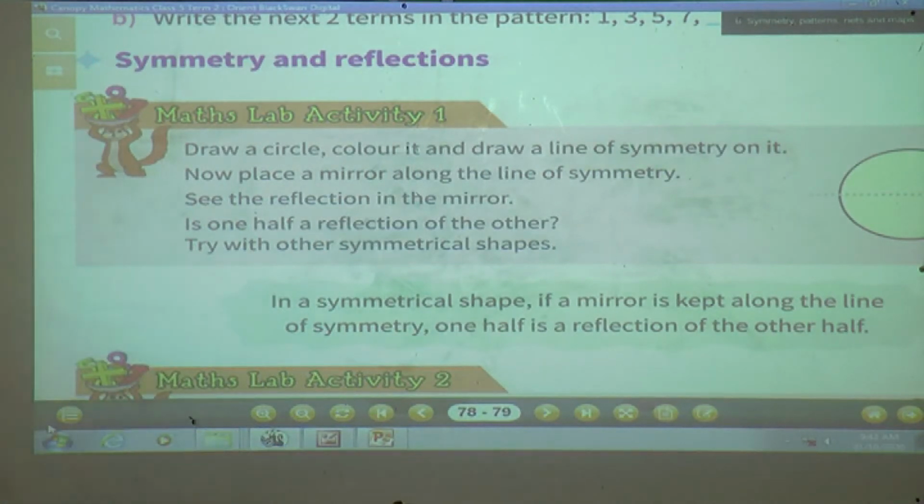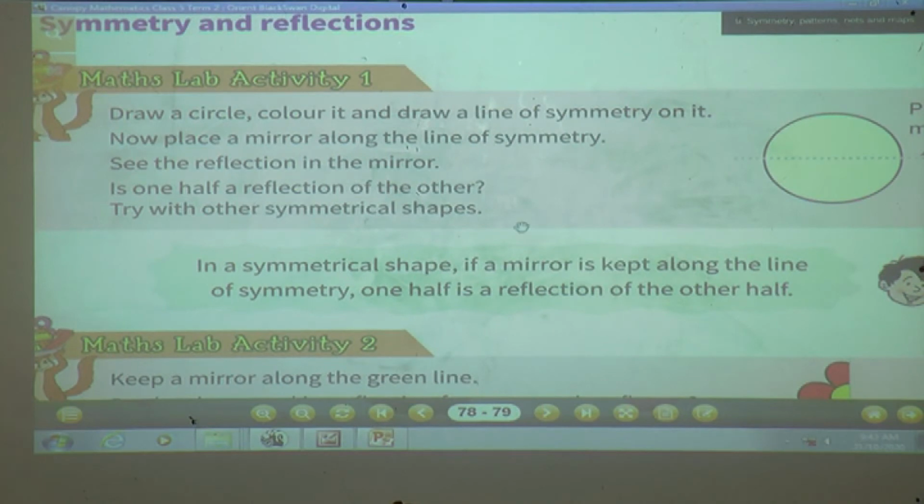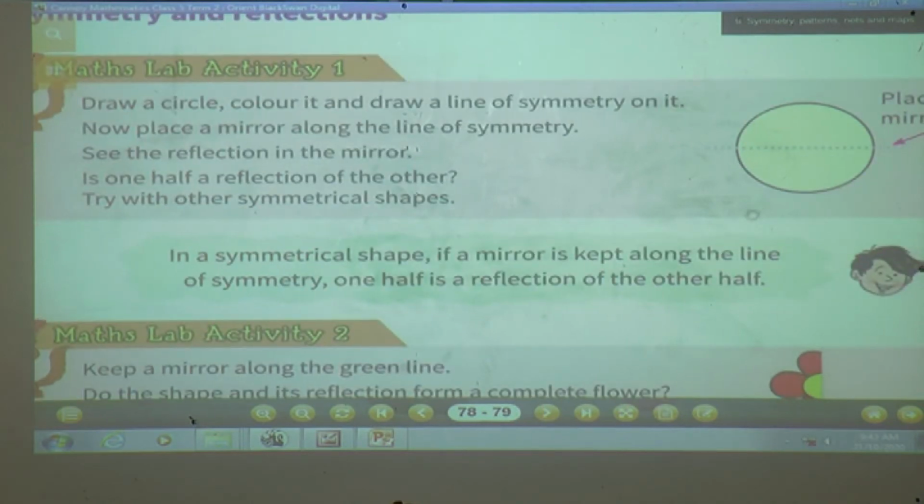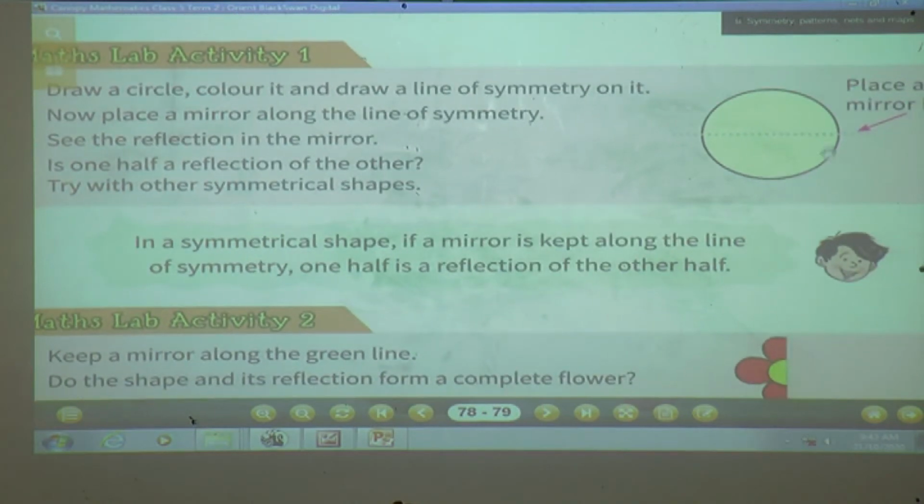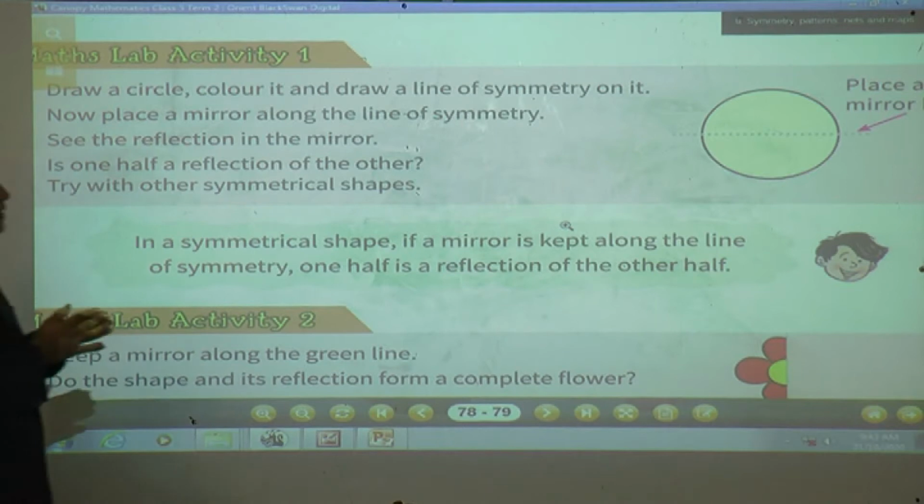Draw a circle and color it, and draw a line of symmetry on it. Now place a mirror along the line of symmetry and see the reflection in the mirror. Is one half a reflection of the other? Yes students, one half is a reflection of the other.